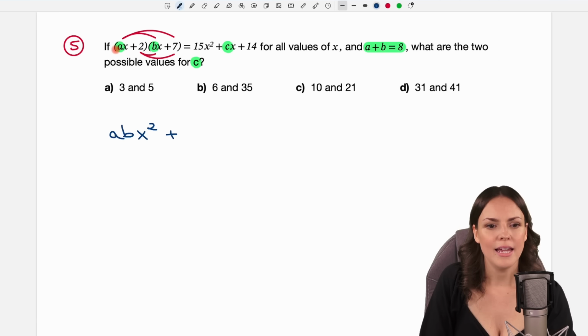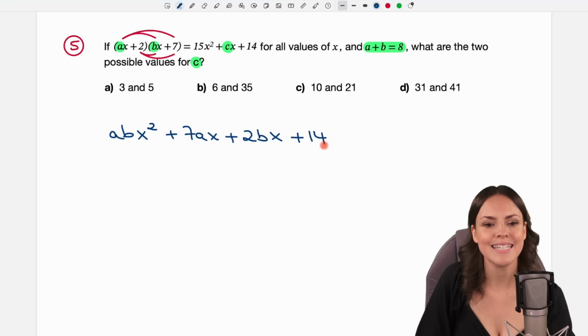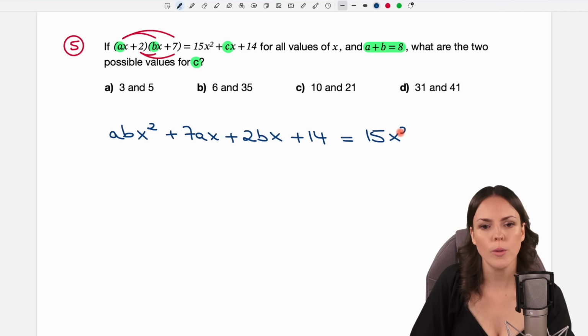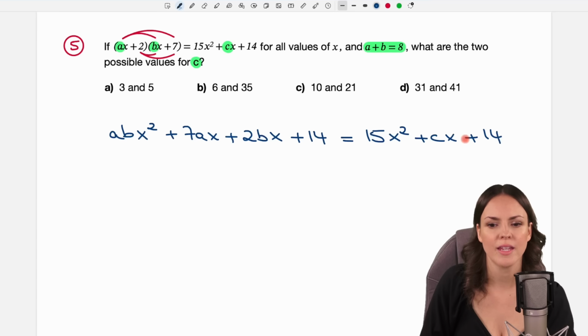Plus ax times 7 equals 7ax, plus 2 times bx equals 2bx, plus 2 times 7 equals 14. This is the left side of the equation, and on the right side we have 15x squared plus cx plus 14.